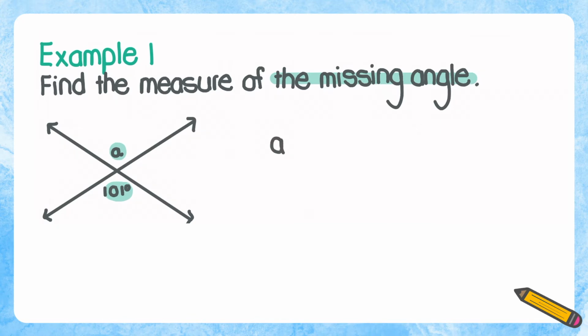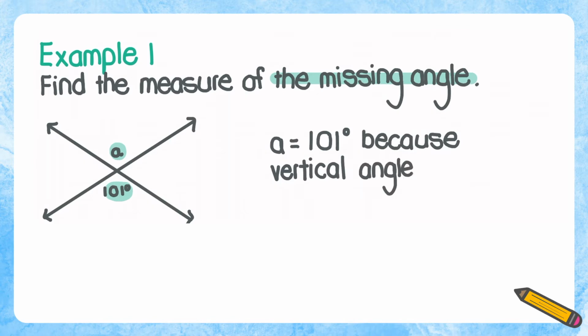These are vertical angles, so I know that A also equals 101 degrees because vertical angles are congruent to each other. So we know that A equals 101 degrees using the fact that vertical angles are congruent.